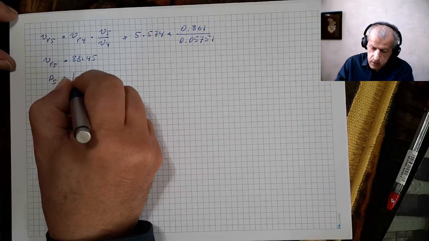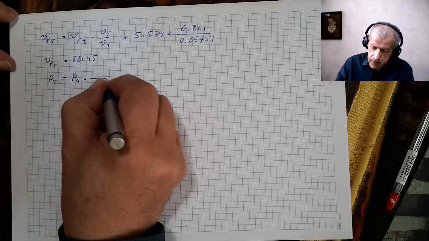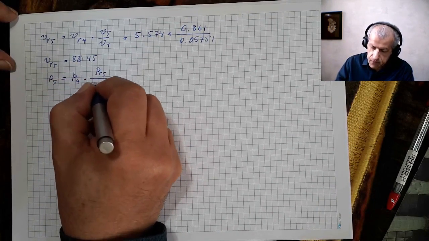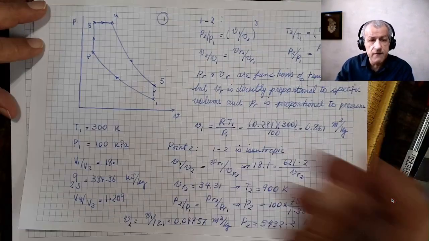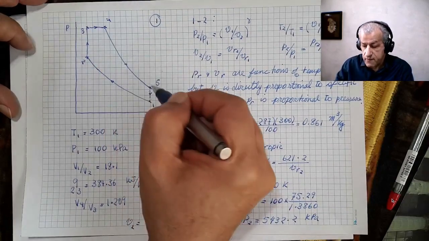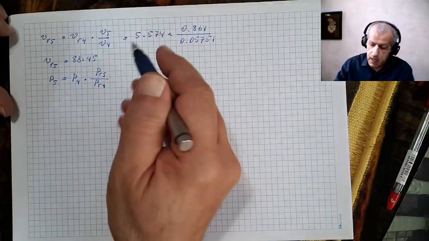P5 equals P4 times PR5 over PR4, since points 4 and 5 are on the same isentropic line.